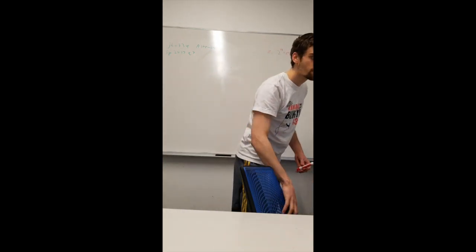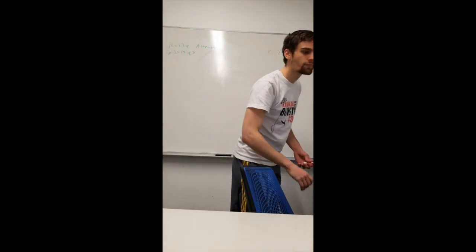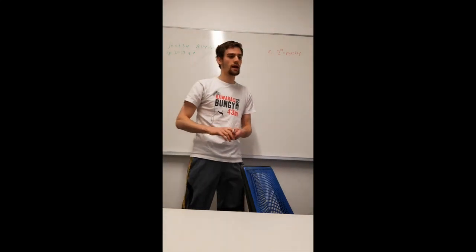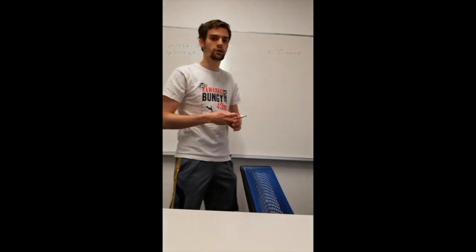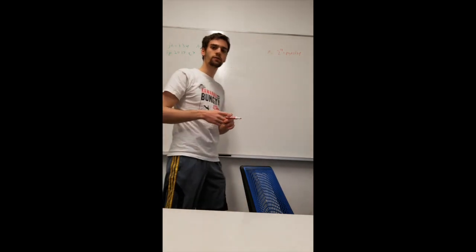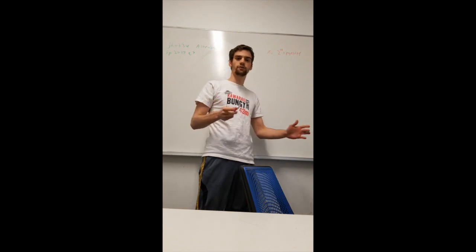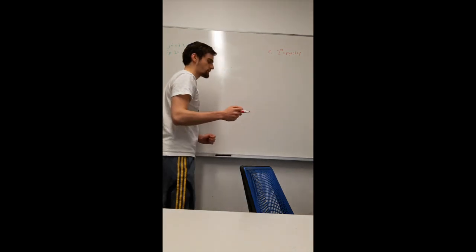Now, for the next part, we are told that there's a one-level page table, and we're asked how many page table entries must be stored in order to fit a one-level page table. So keep in mind, our page table maps from our virtual address space to our physical address space.